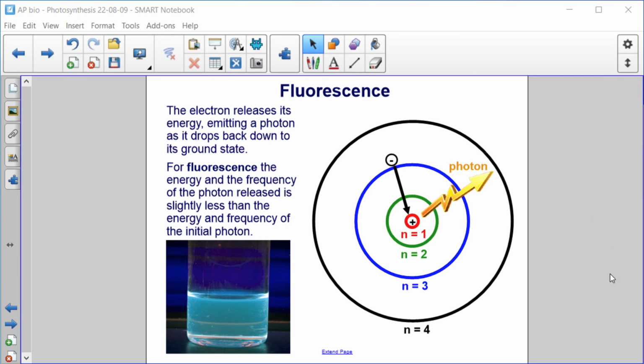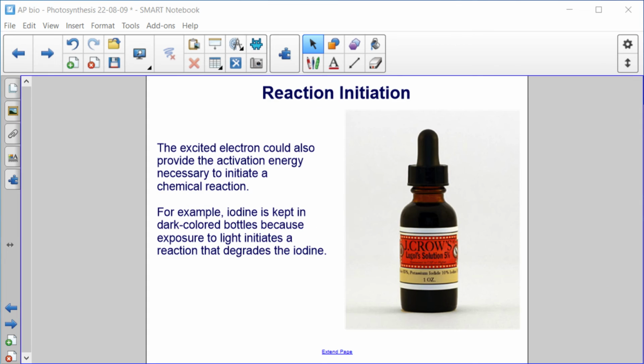For fluorescence, the energy and frequency of the photon released is slightly less than the energy and frequency of the initial photon. Reaction initiation. The excited electron could also provide the activation energy necessary to initiate a chemical reaction. For example, iodine is kept in dark-colored bottles because exposure to light, absorbing those photons, initiates a reaction that degrades the iodine.